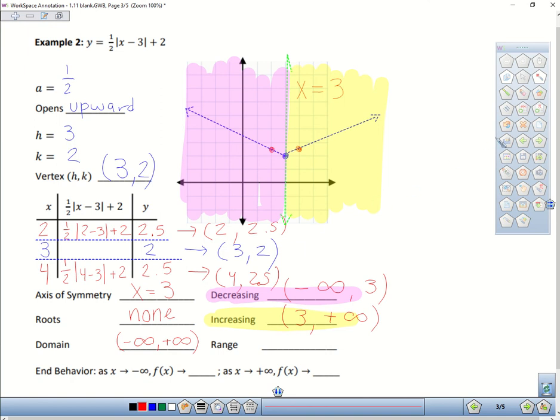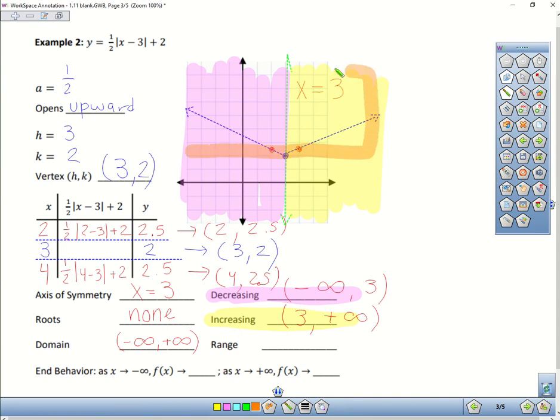And now we're going to talk lastly about range. So range is everything my y value will take on, which is this whole section up here in orange. Like that. So in this case, my range is starting and going upward.